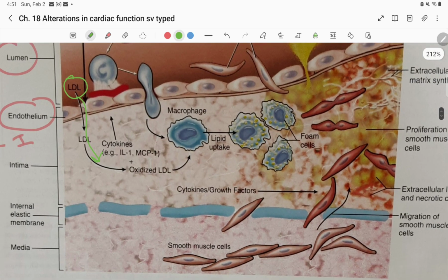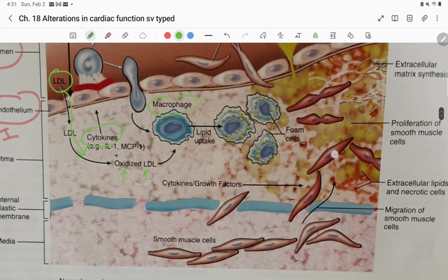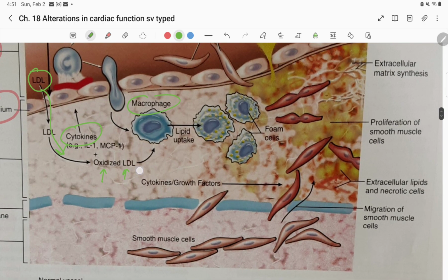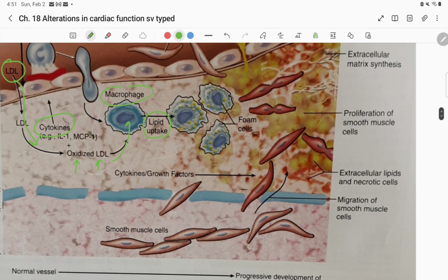Now, in order for LDLs to become activated, so there's your oxidized LDL, they have to come into contact with inflammatory things like interleukins and cytokines and our macrophages. Okay, your macrophages are going to allow the LDLs to go inside of it. So there's your lipid uptake. And the macrophage produce what's called foam cells.